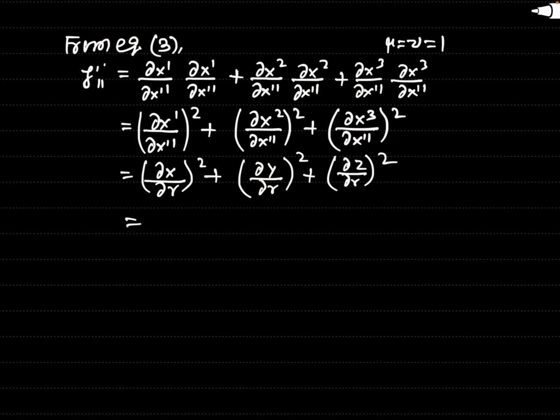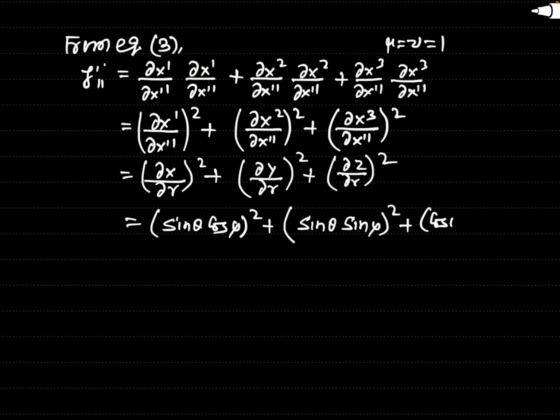del x by del r, this is sine theta cos phi square, plus the second term, as you have seen just now, sine theta sine phi square, and plus the last term is cos theta, so this will be cos theta square. Now simplify it. The simplification is very easy.